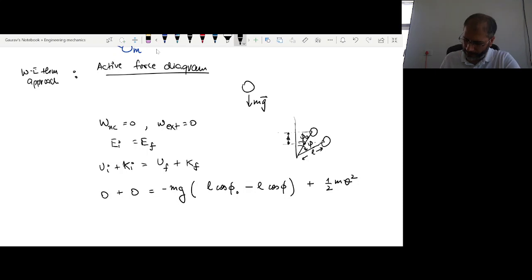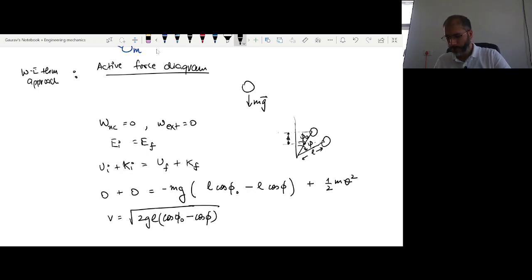So when we simplify this, that gives us the velocity v as this. So this is v as a function of phi.